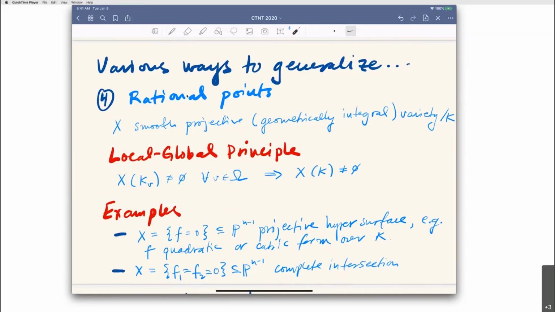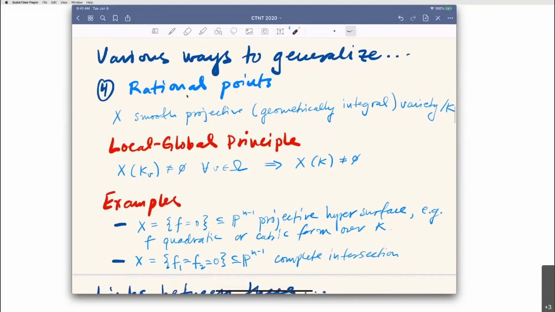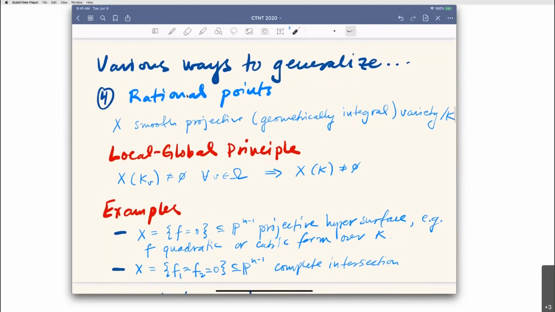And if you take X to be the complete intersection of 2 quadrics, then the local-global principle for rational points on such a variety is equivalent to the local-global principle for pairs of quadratic forms. So this is a nice geometric way, in terms of rational points, to sum up those previous attempts at a generalization of the Hasse-Minkowski theorem.